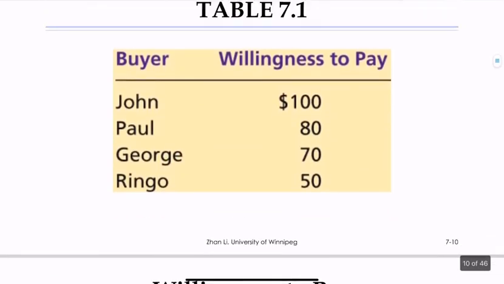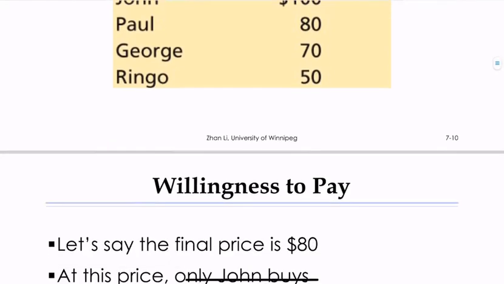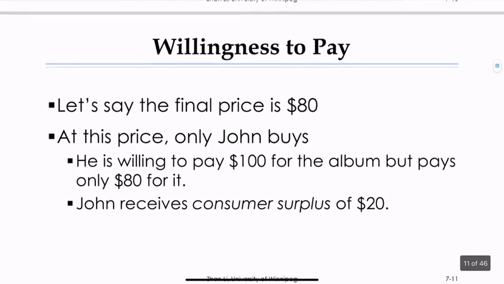So let's assume these 4 buyers have the following 4 numbers about their willingness to pay. You can see that John has the highest willingness to pay at $100, and Paul has a willingness to pay of $80. George, $70. Ringo, $50.